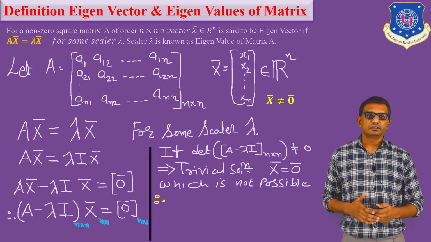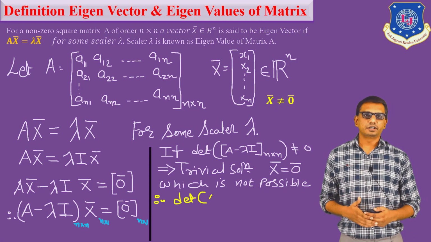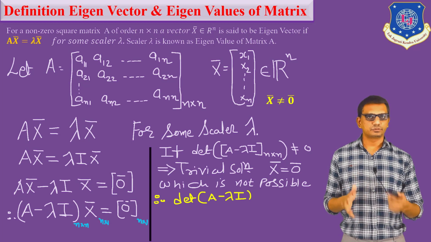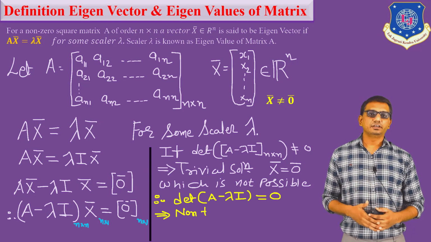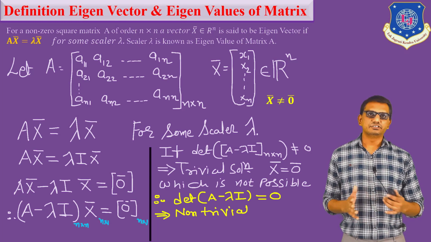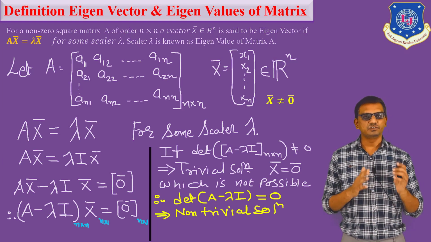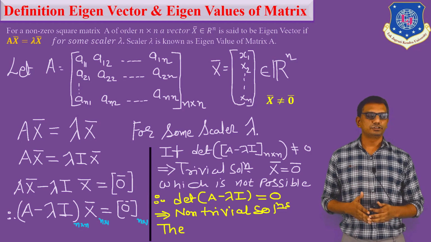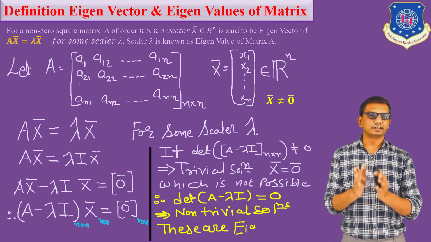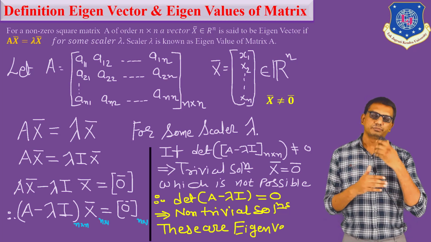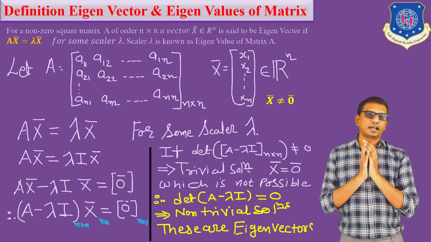So finally the determinant of A minus lambda I must be equal to 0. That means we can now easily find the non-trivial solution, that is the infinite solutions, for the given homogeneous system of linear equations, and this solution is exactly our eigenvectors. So from that solution we can easily find the eigenvectors.